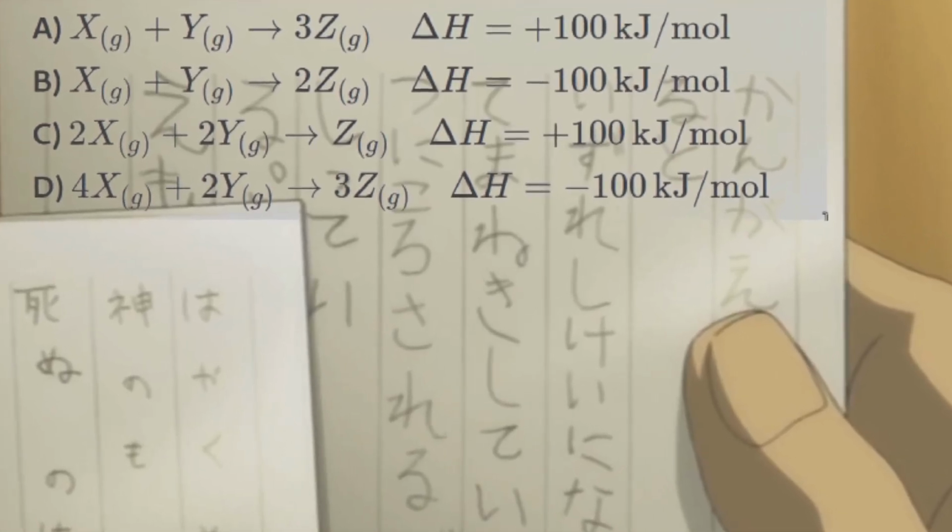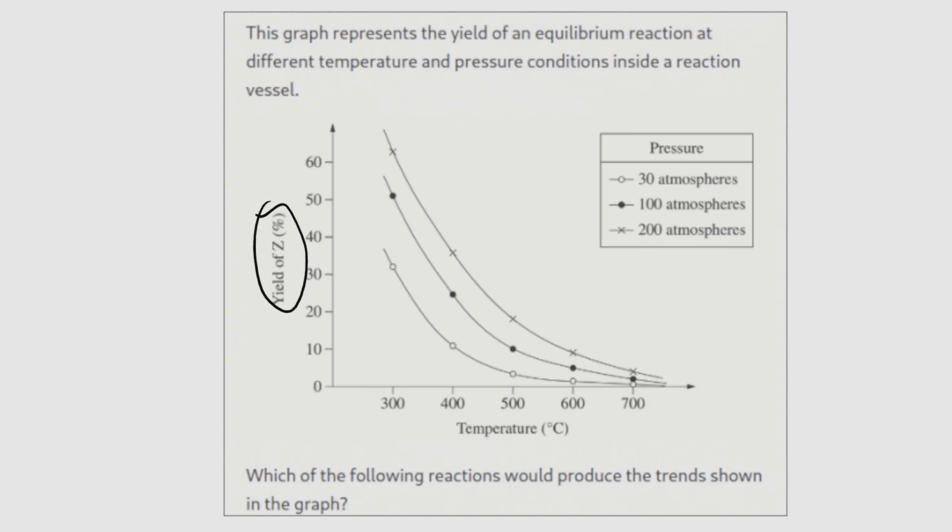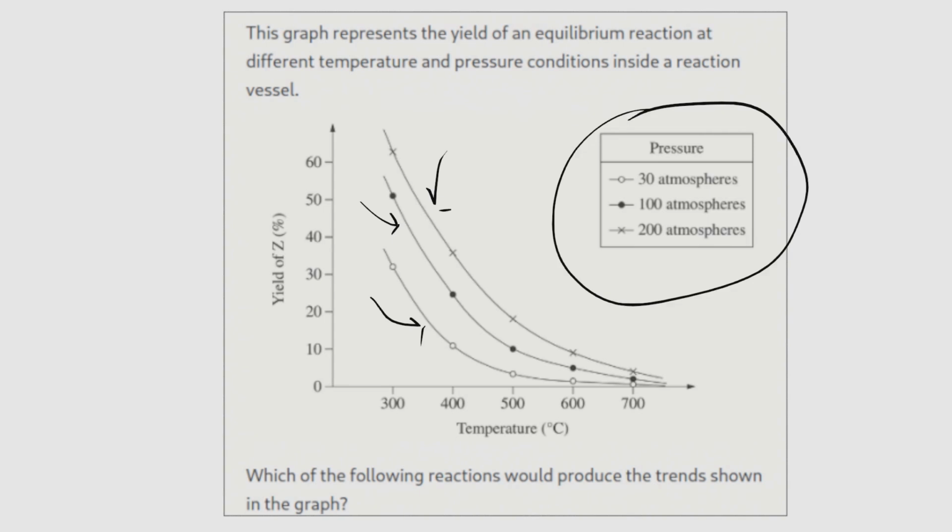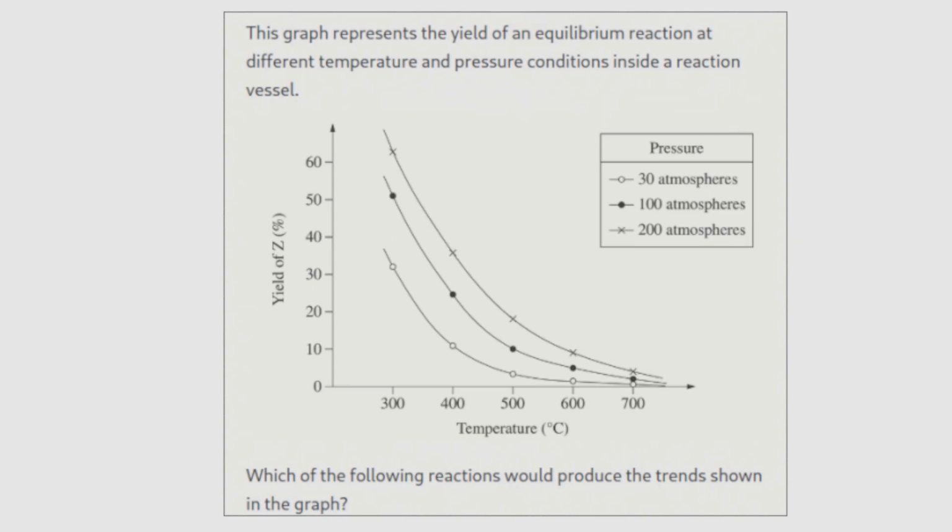Let's see. So, we have our yield of Z on the y-axis, and our temperature on the x-axis. And these different lines are these metrics at different pressures. Interesting. Alright, well, I guess we'll have to figure out whether Z is exothermic or endothermic first, because clearly our temperature is affecting our yield, even at constant pressure.